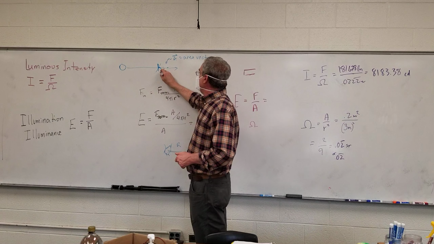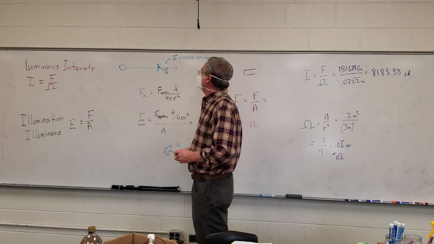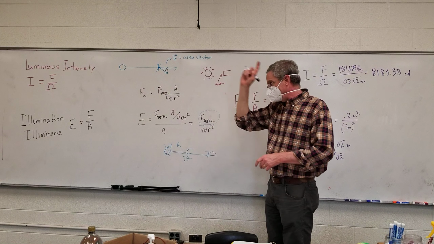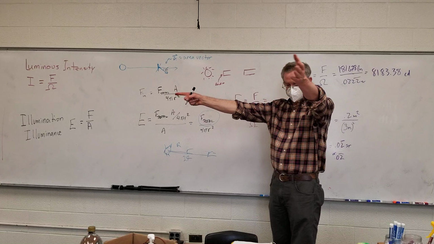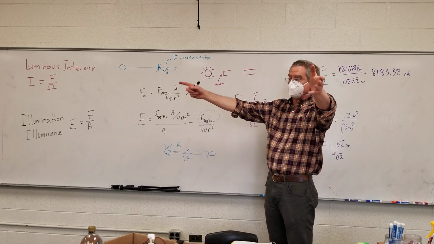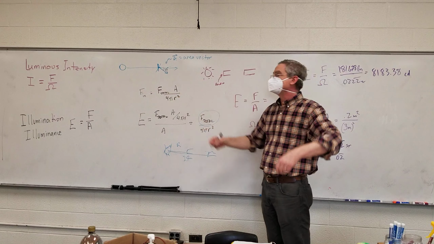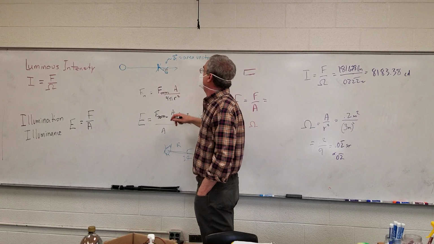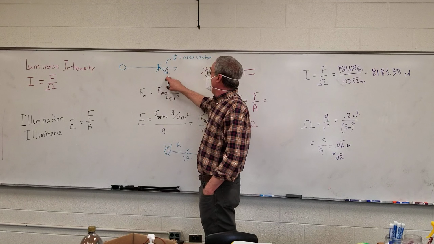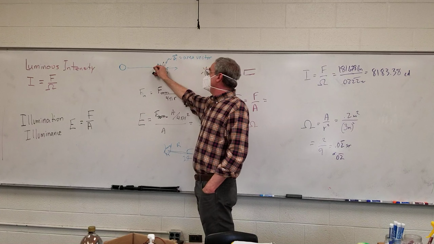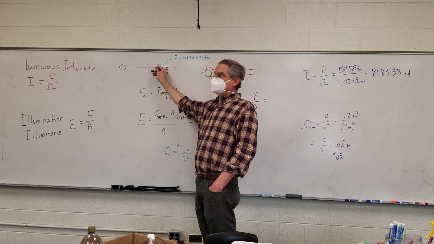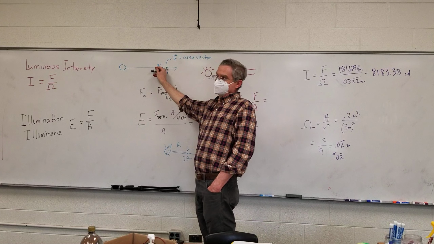We need to know that angle right there. The angle between the light, as it's coming straight in, and the perpendicular, the normal is the better term, the normal to the surface. The farther we get away from that, the more perpendicular it becomes, the less it's hitting.